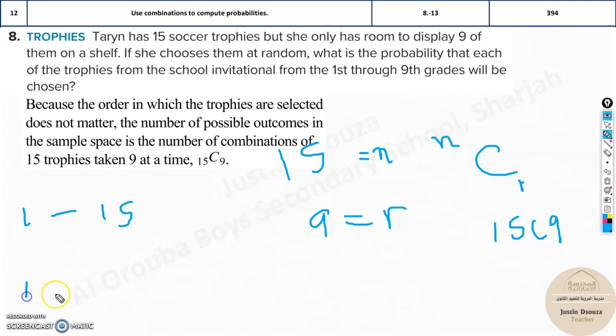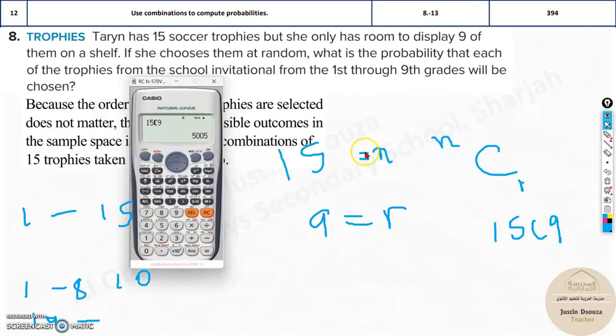So 1 to 9 can be selected, or 1 to 8 and then the 10th one can be selected, in different ways. Basically, out of 15, you have to select 9 at random. How many different selections of 9 can you make? Over here we got 5005 ways.